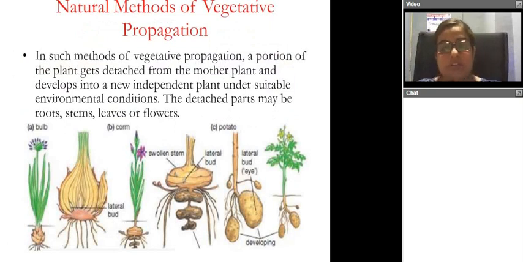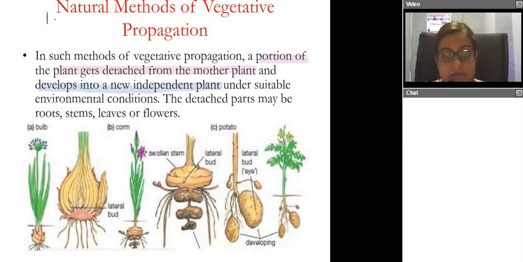There are two methods of vegetative reproduction. The first one is the natural method. In this type, a portion of a plant gets detached from the mother plant and develops into a new independent plant.